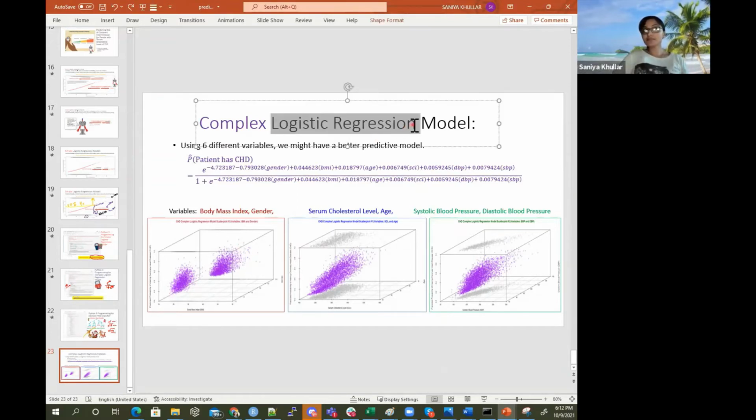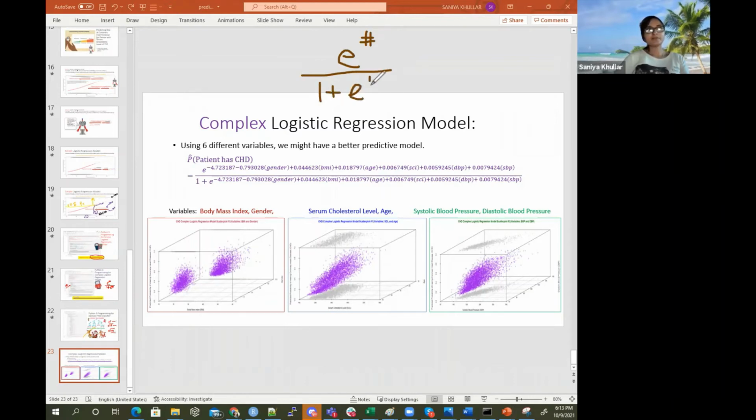All that logistic regression is doing is helping. It's usually of the form e to some number, divided by 1 plus e to the number.